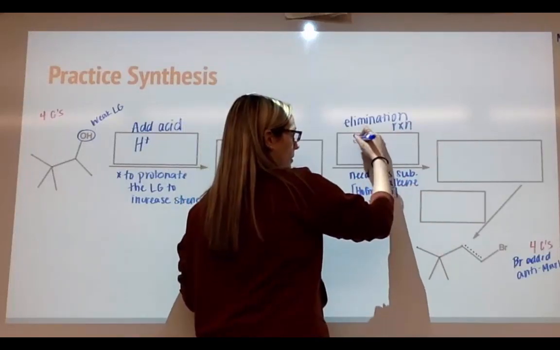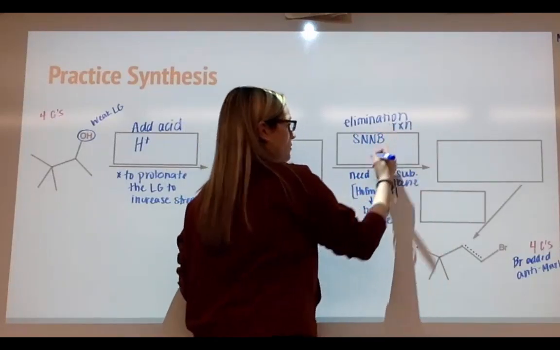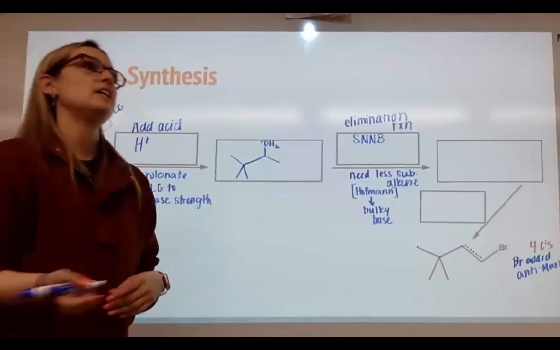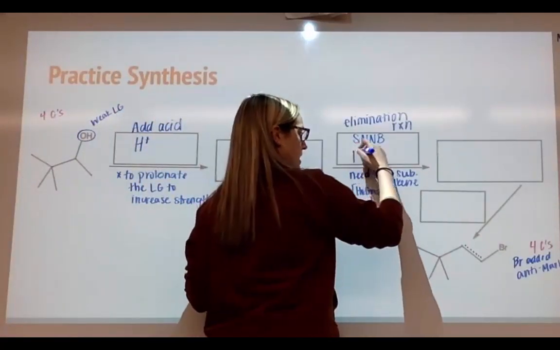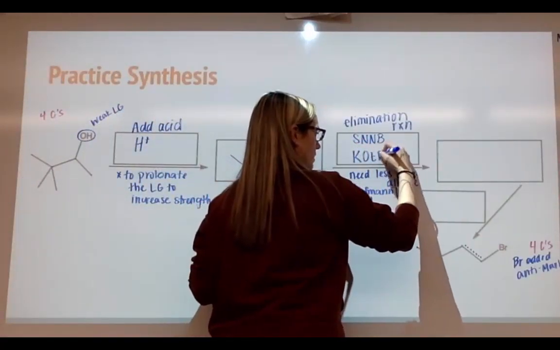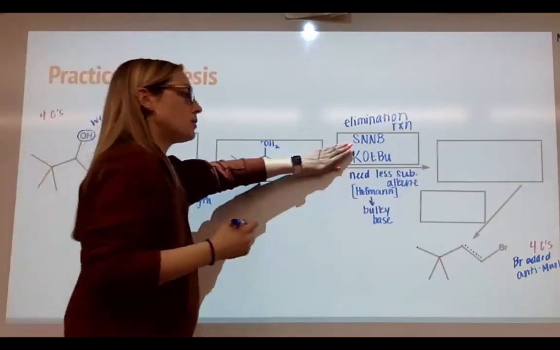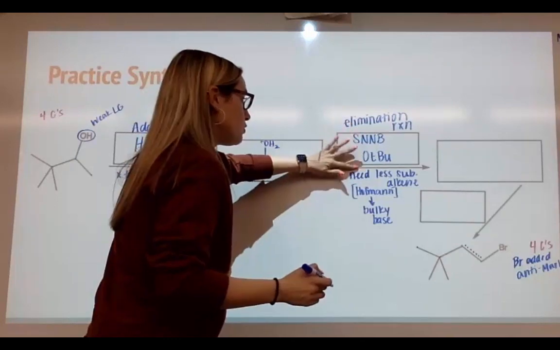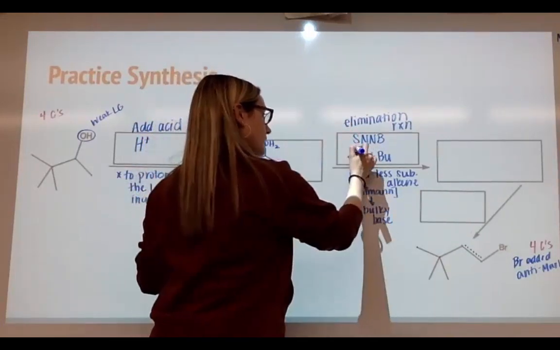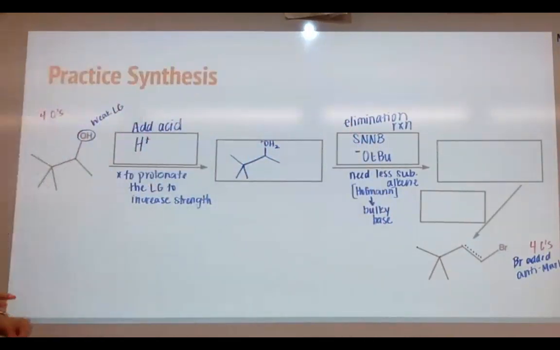So I'm going to put SNNB, that stands for strong non-nucleophilic base. I'm going to actually put potassium tert butoxide. Now you don't have to put the potassium. If you just did tert butoxide, that's fine, because potassium is a spectator ion anyways.